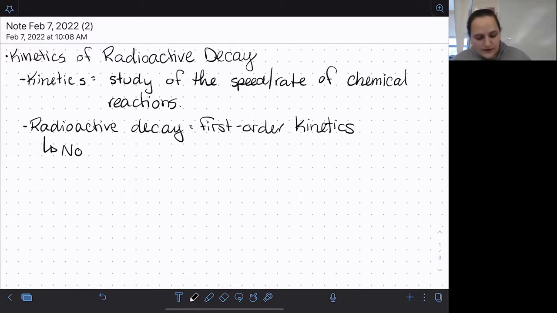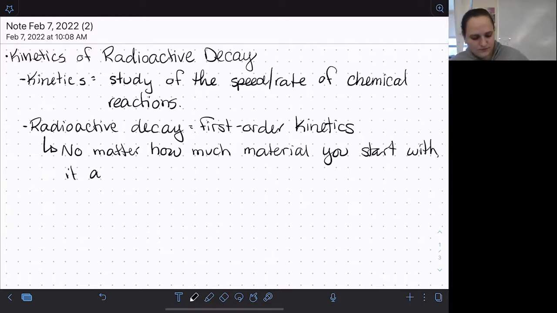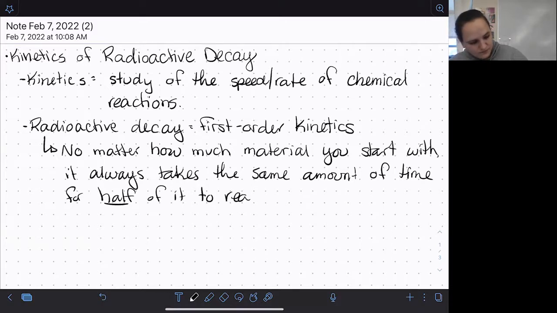And what this means is that no matter how much stuff you start with, it always takes the same amount of time for half of it to react. So for all reactions that have first order kinetics, this is true.